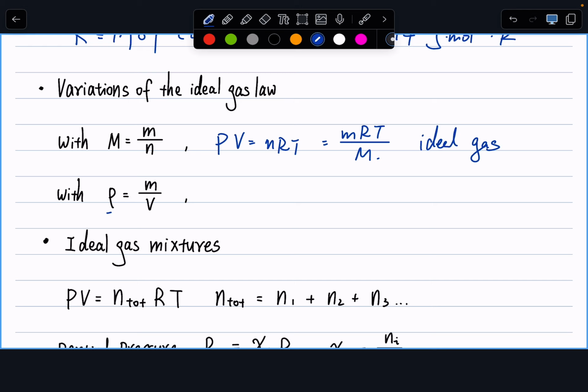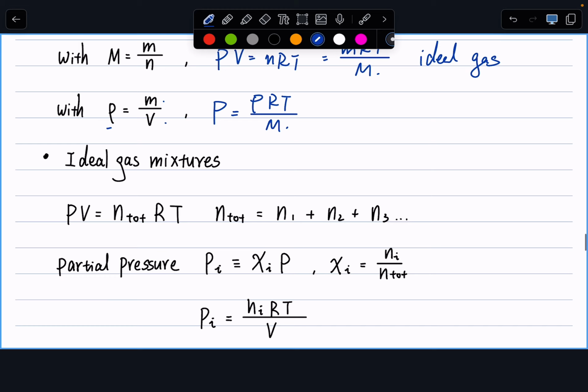Or if you have the density of your gas, which is defined as mass over volume, you can similarly have pressure equals density times RT over molecular mass. You can try deriving these equations just to double check they hold true.